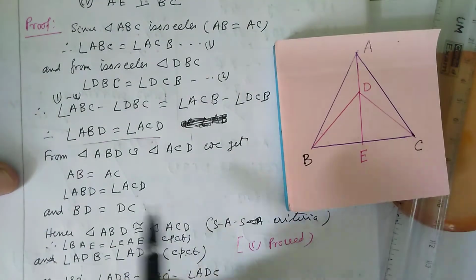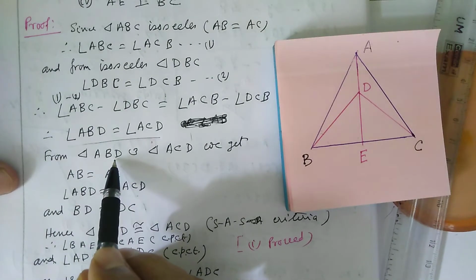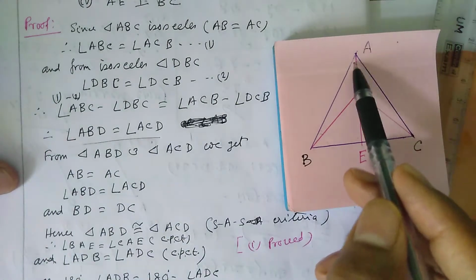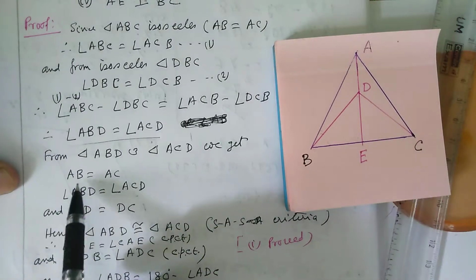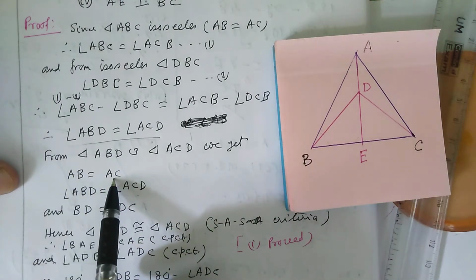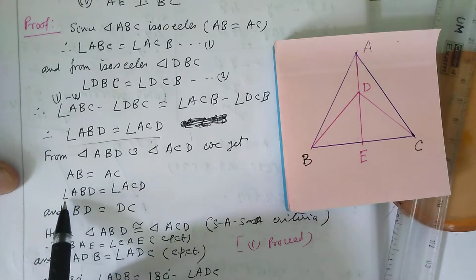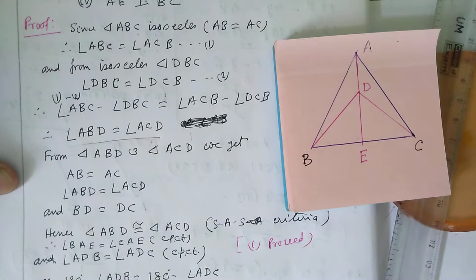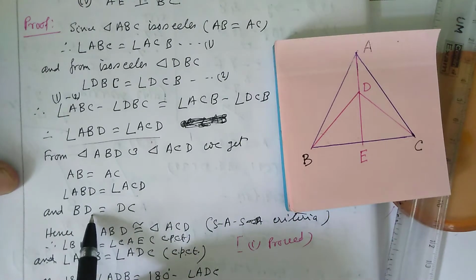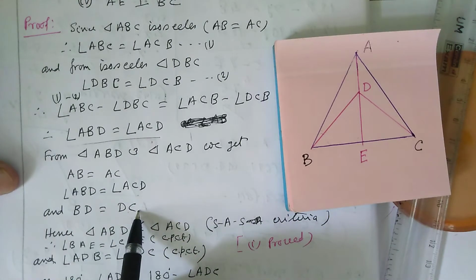Now we consider triangle ABD and ACD. We get AB equals AC, it is given, and ABD equals ACD, and BD equals DC, it is also given.